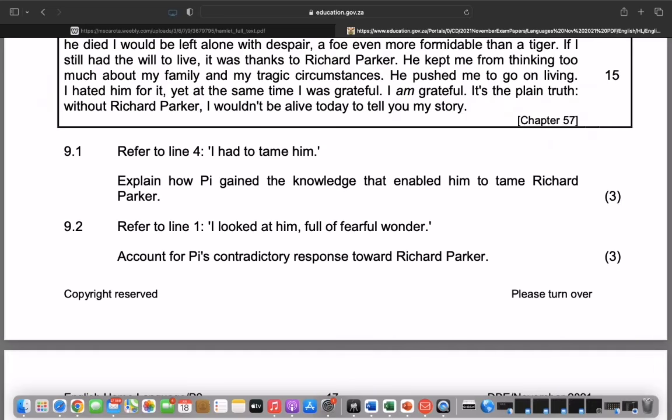However, he is full of wonder because he admires Richard Parker's power and tenacity or strength or beauty. So we have this contradictory way. He is fearful yet amazed by Richard Parker's beauty, power, strength, and tenacity. Okay, very easy question.